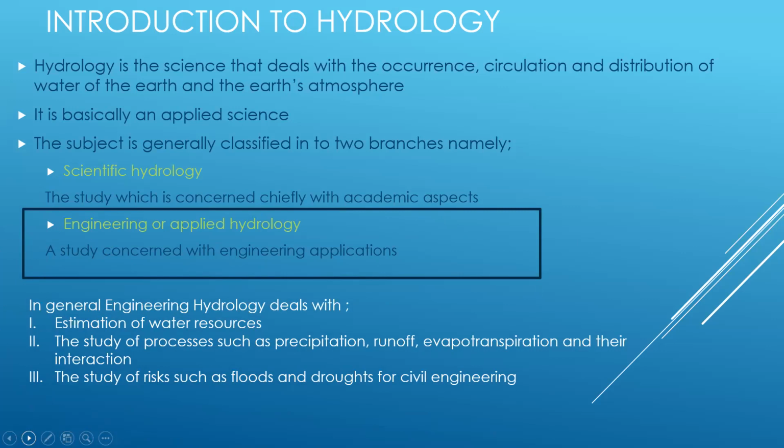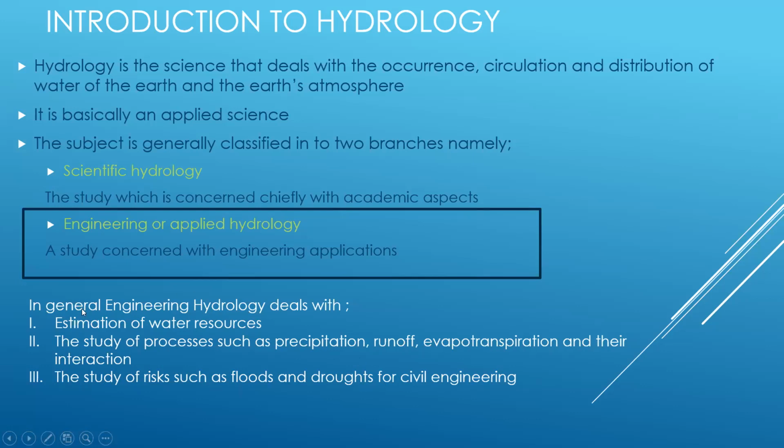In general, engineering hydrology deals with these three aspects: estimation of water resources; the study of processes such as precipitation, runoff, evapotranspiration and their interactions; and the study of risks such as floods and droughts for civil engineering.